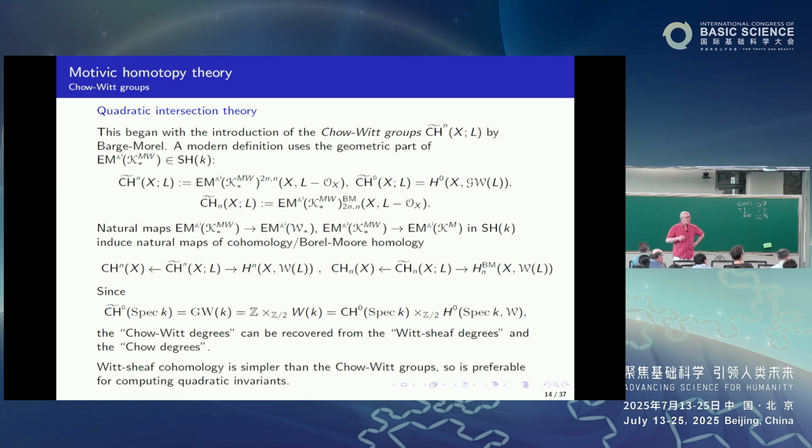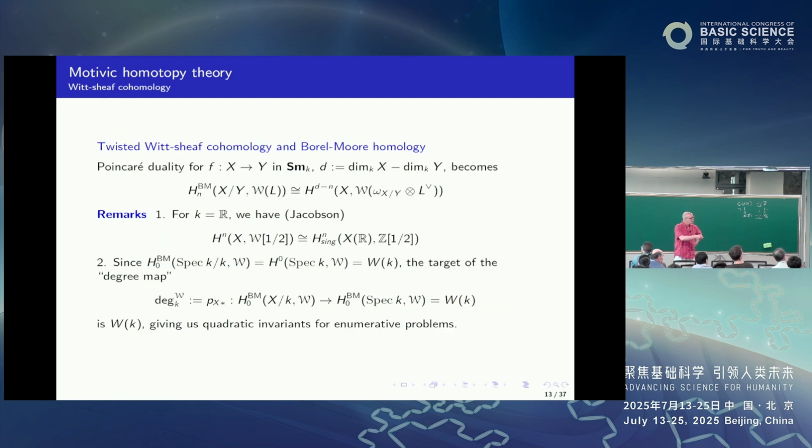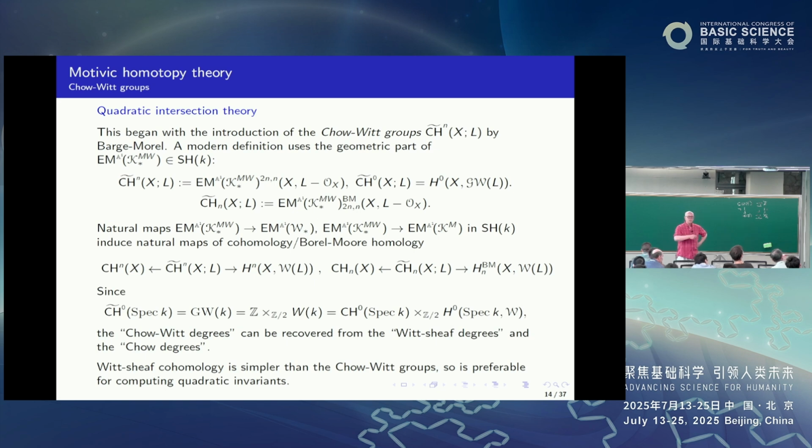I didn't say this before, but these twists by line bundles, if you remember this connection with the real cohomology, for a manifold over the reals, you have the notion of orientation. It's very important if you want to have a proper map of real manifolds. You get a push-forward map in cohomology, but it has to be an oriented map. You need a relative orientation. And that's exactly the role of these twists by the line bundles. They play the role of an orientation.